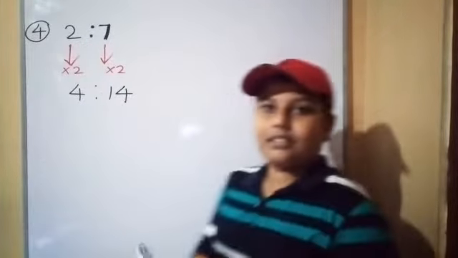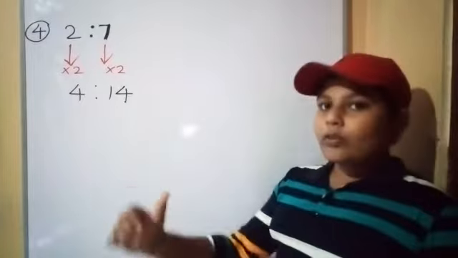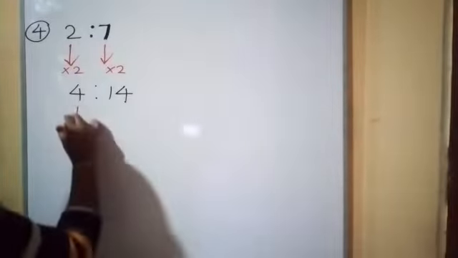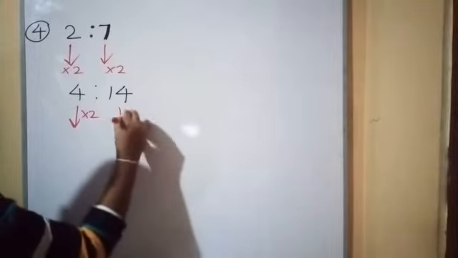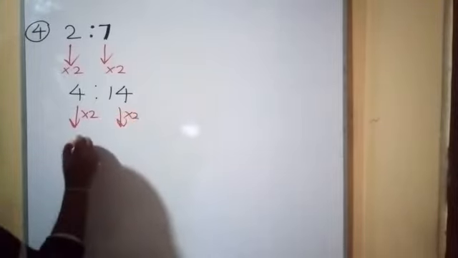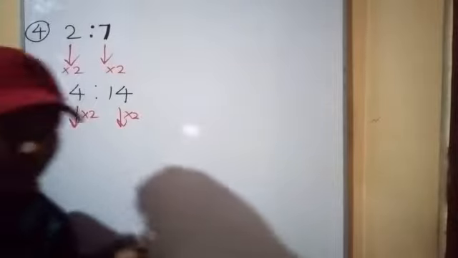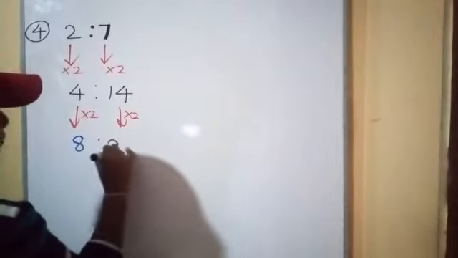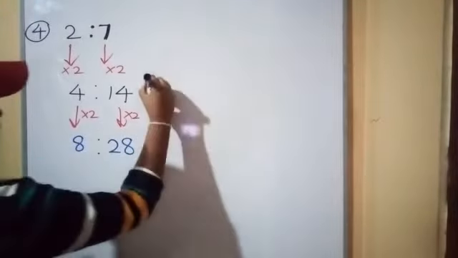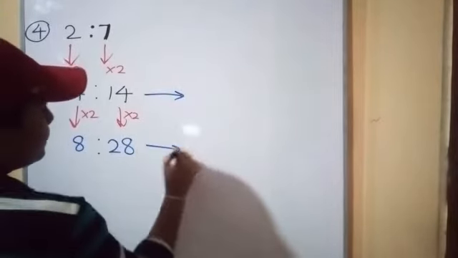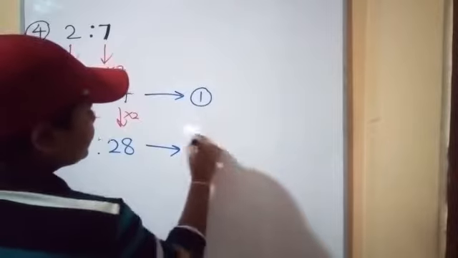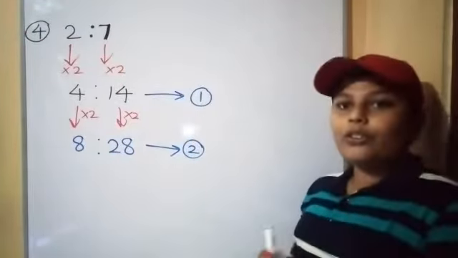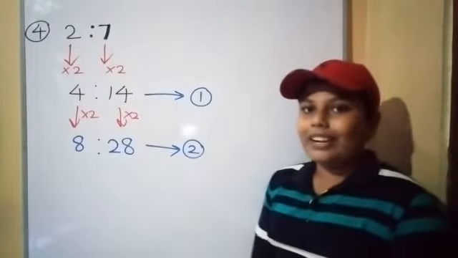Now you can get another by multiplying both by 4. The answer is 8 to 28. So these two ratios, 4 to 14 and 8 to 28, are equivalent to 2 to 7.